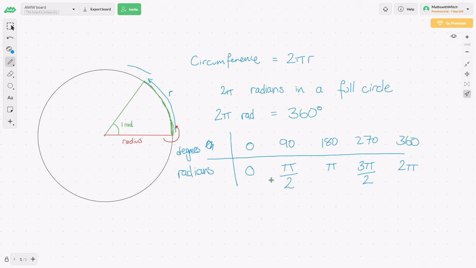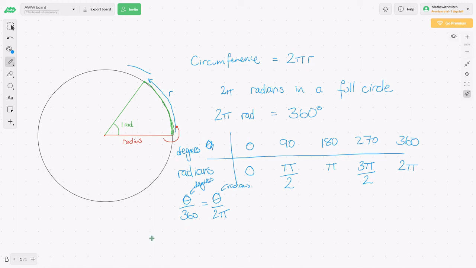And you can use that to convert any degree into radians. So you can consider it in terms of your angle over 360 is going to be the same ratio as your angle in radians over 2 pi. So that's going to be degrees, and that's radians.